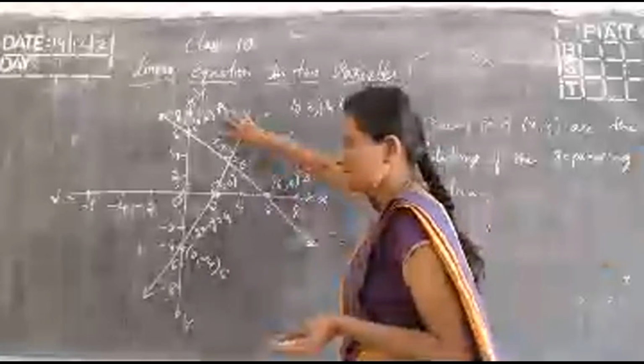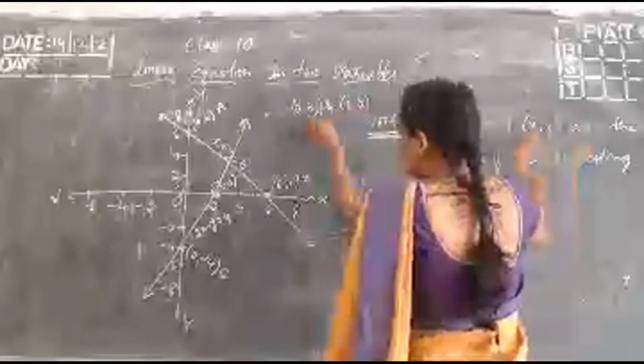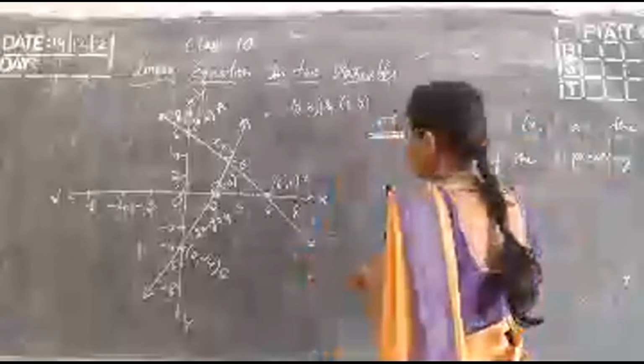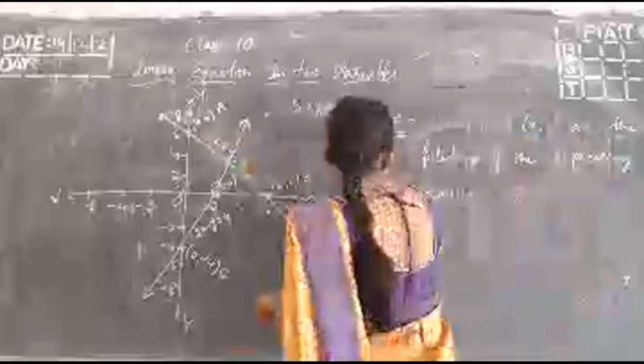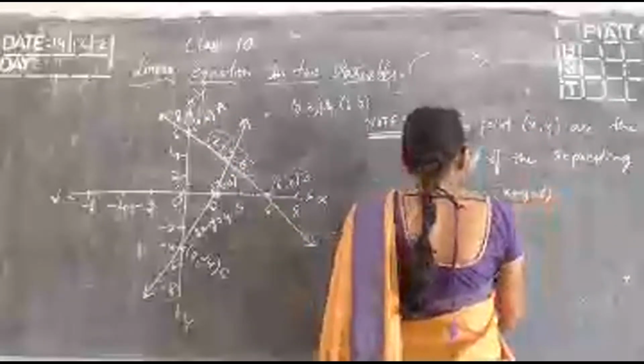See, here we are representing an equation. Every point of the form x, y is a solution of what? The representing equation, that is x plus y is equal to 6.